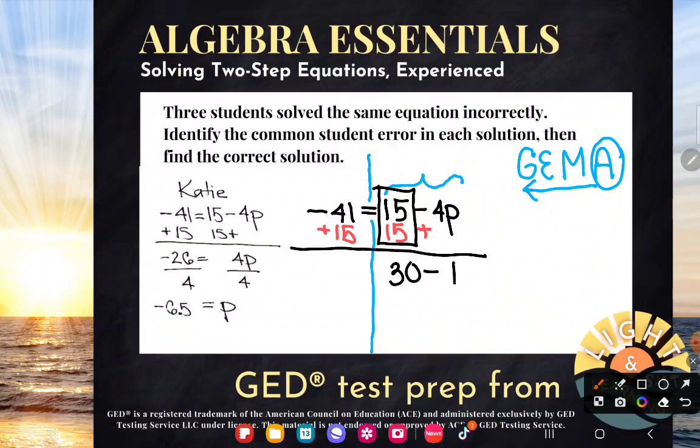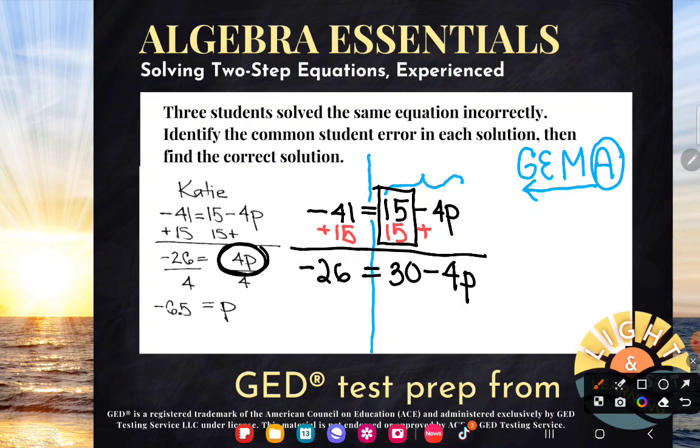If you were to do this first step that Katie did, even though it would be legal, you sure wouldn't just get 4p on the right-hand side. You would get 30 minus 4p, and even though it would be true, it wouldn't be very helpful because you haven't gotten any closer to getting p by itself. So that's Katie's struggle.